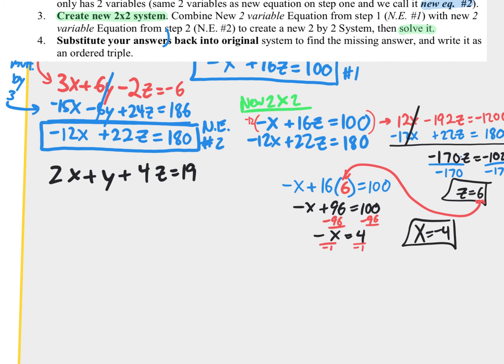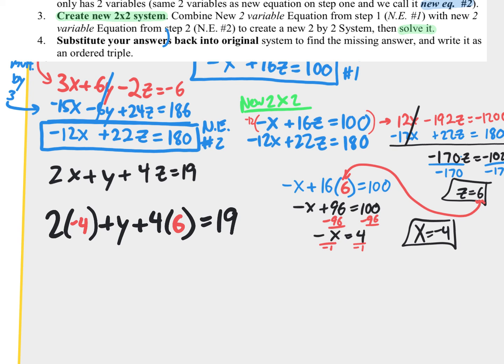And all I need to do is plug in the x value of negative 4. So 2 times negative 4 plus y plus 4z, and z is 6, equals 19.